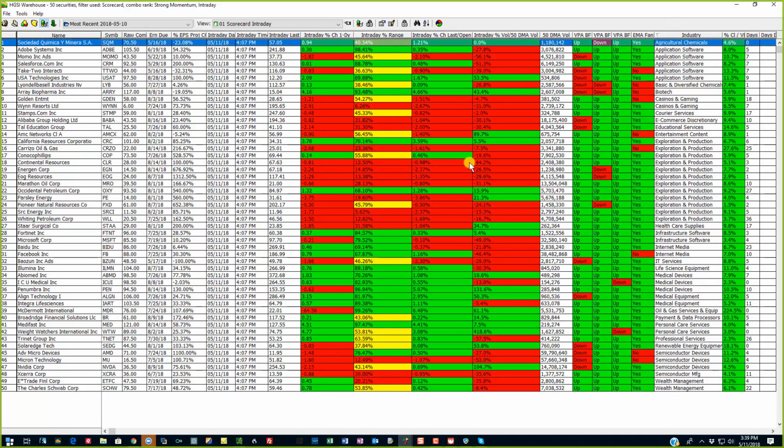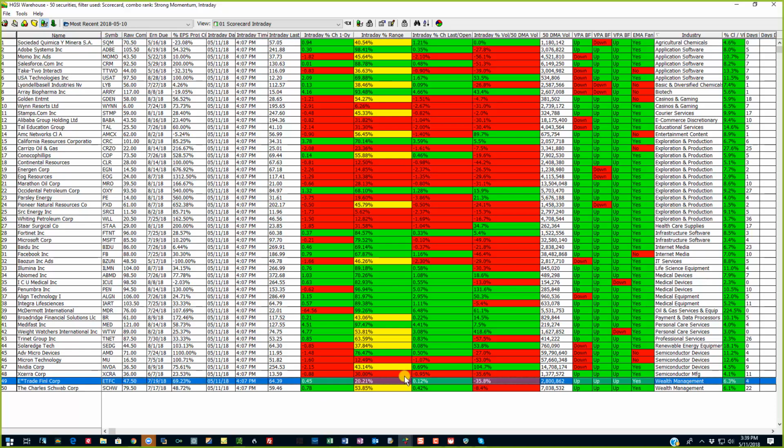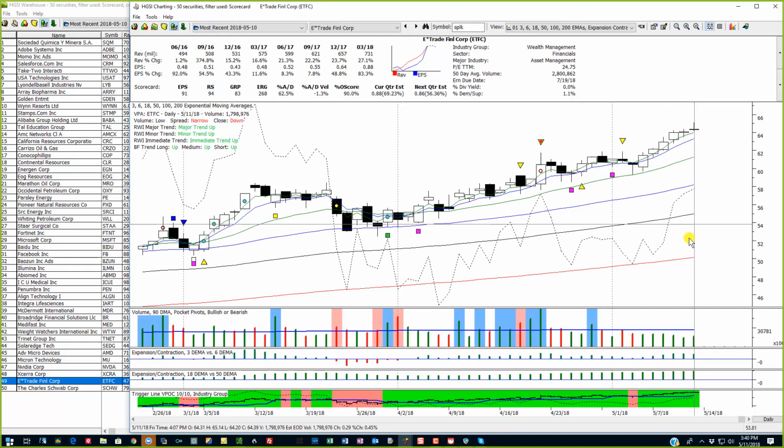These were the stocks that were in the group from yesterday. You can see the semis were kind of weak today. Wealth management was up again. I was in E-Trade this week. I sold some puts, got most of the premium out. I took it off. This is another beautifully trending stock.